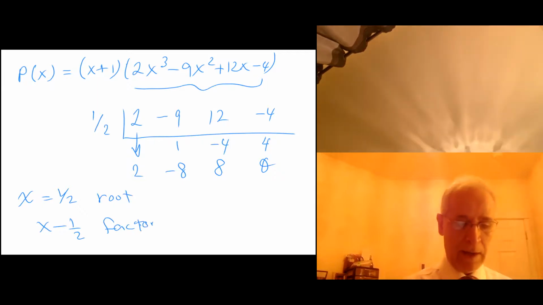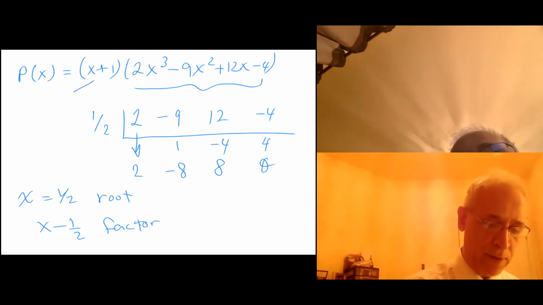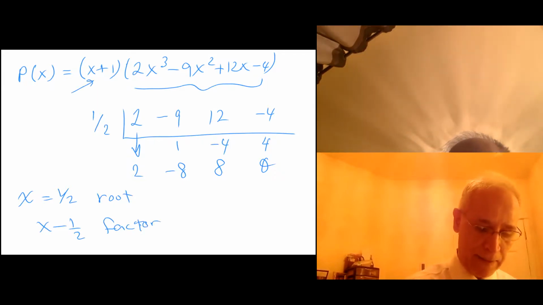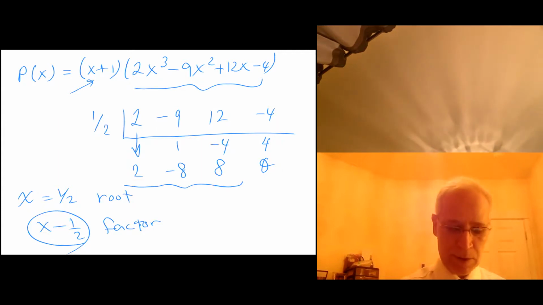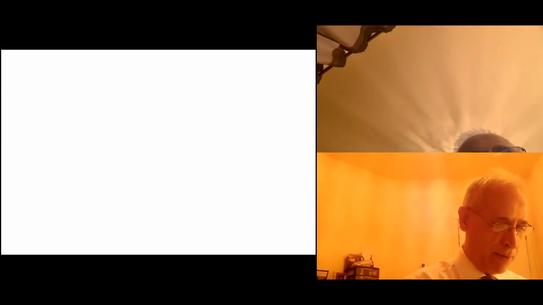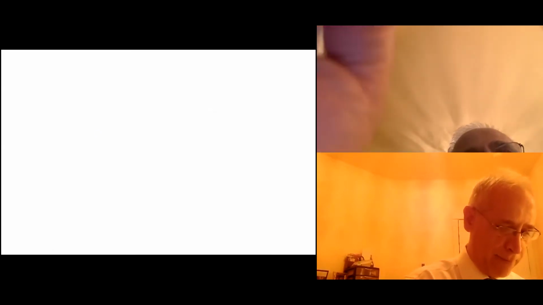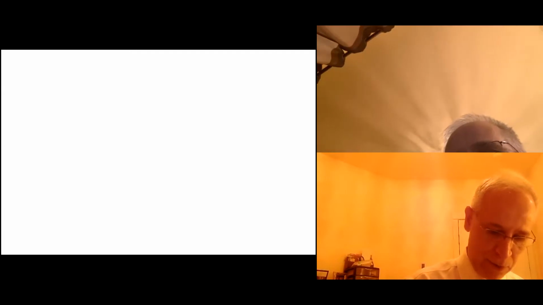So finding this x plus 1, this x minus 1/2, and this right here, I can now continue. So let me go to the next page. Let me rewrite this p of x so I don't lose track.